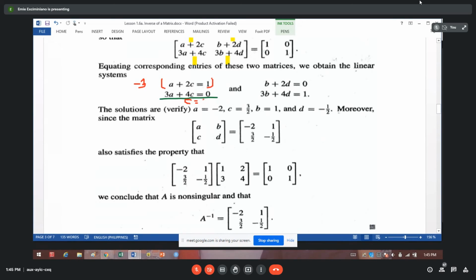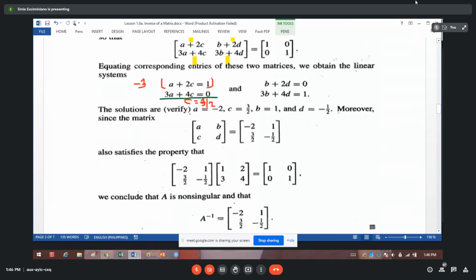3 over 2. Oh, hindi ko na siguro ipakikita kasi yan mga lumang lessons na natin yan, di ba? So, dapat alam nyo na yan. And so on. Ganun din ang principle of getting yung the rest of the symbols here.